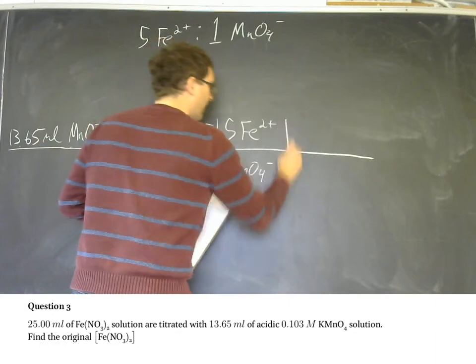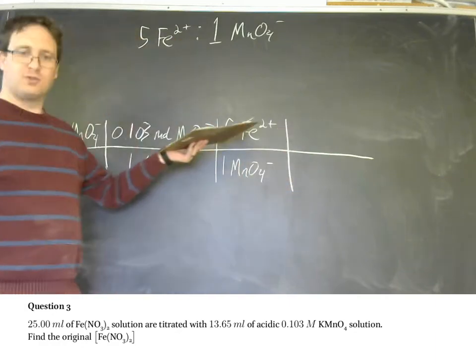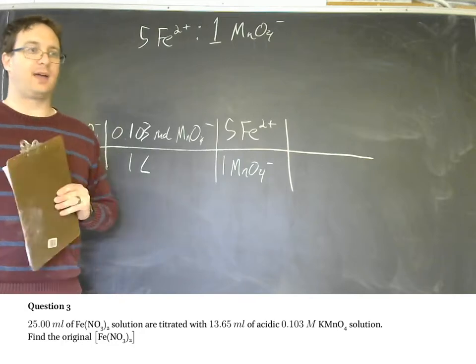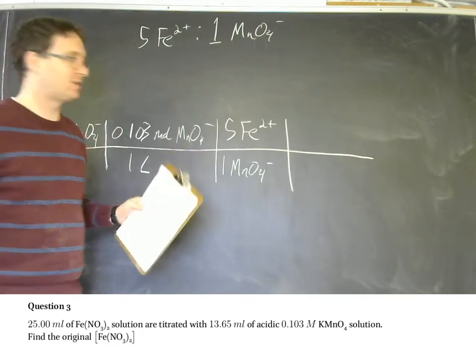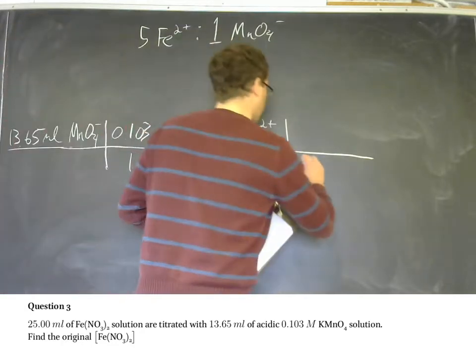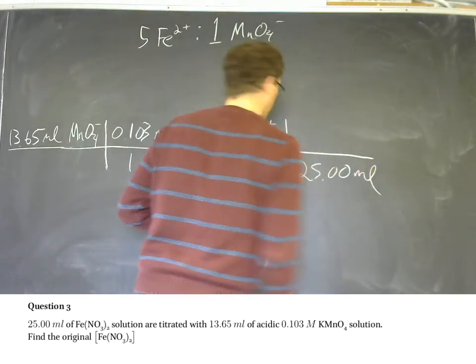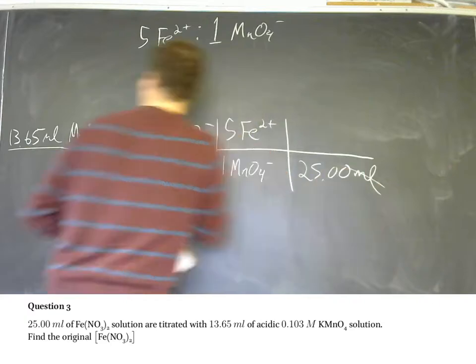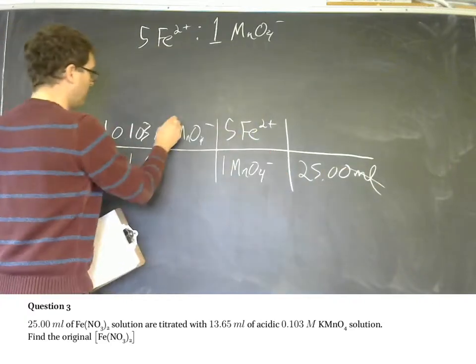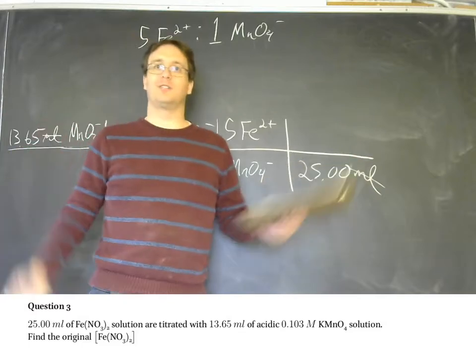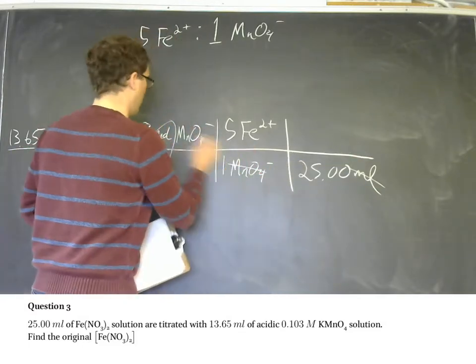And then finally, what volume did the iron 2+ ions occupy in the unknown before the titration started? That's our 25.00 milliliters. And so you see the milliliters will actually cancel, and the units we're left with are moles per liter, or the molar concentration of iron.